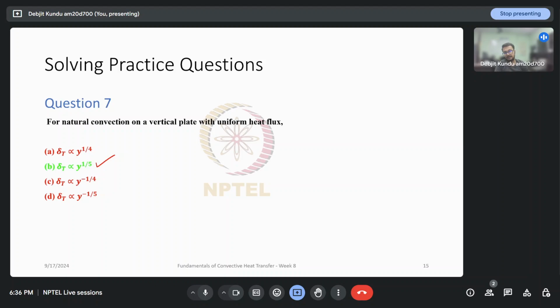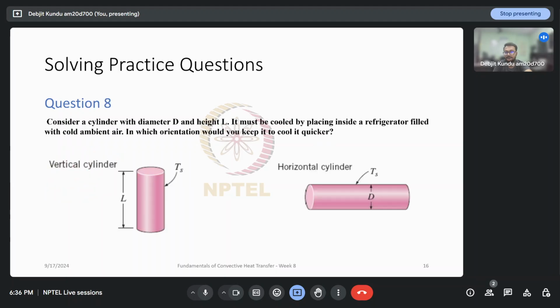Within the Rayleigh number, if we simply replace the temperature difference with the temperature difference we will get in the uniform heat flux case, we can easily show that the scaling changes from 1/4 to 1/5. Okay, so we should remember this, and then moving on to the last question of today's session.